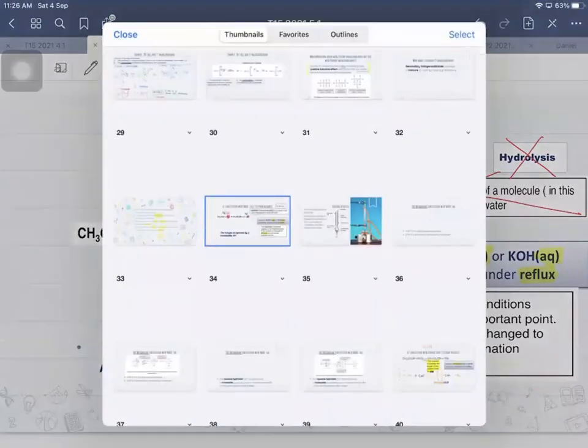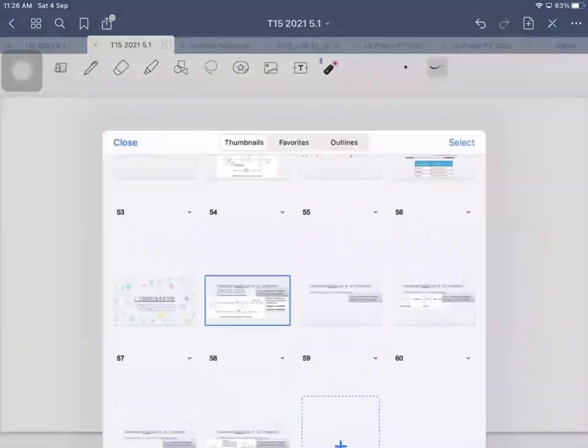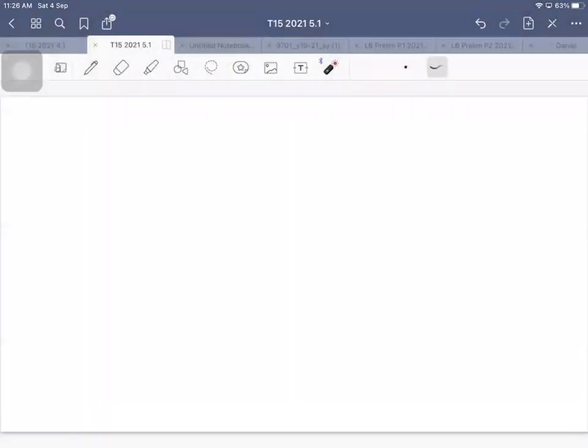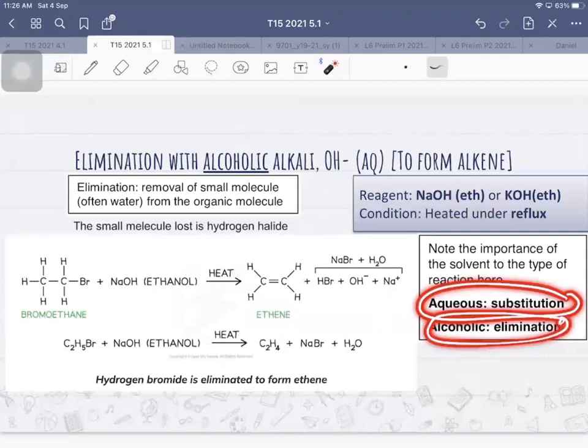Please do not forget, especially for halogenoalkanes. For other functional groups, it's fine. If you just write down bromine Br2 without the aqueous for alkenes, that is fine. But for halogenoalkanes, especially the sodium hydroxide, it is extremely important because different solvents will result in different reactions. When you use aqueous sodium hydroxide, you get a substitution reaction, either SN1 or SN2.